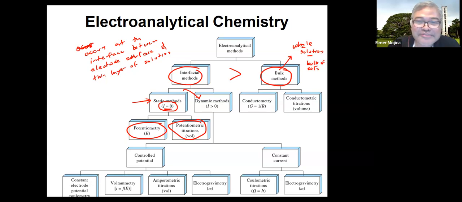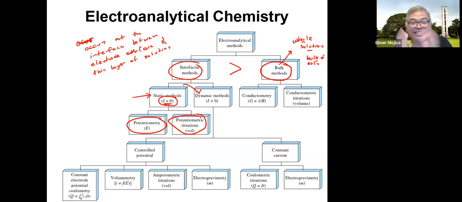Okay, so bulk and static. The bulk methods we could say are just static and dynamic methods. In the static method, usually you don't have any current in the system. In the dynamic method, you pass current through it. And if you look at this, there are also two conditions that you have here. In one you control the potential, and in the other you have a constant current.